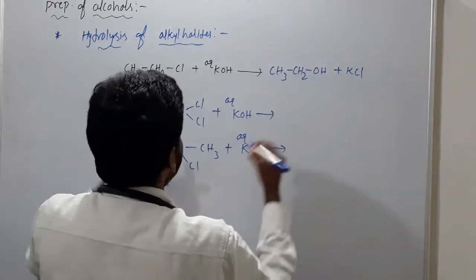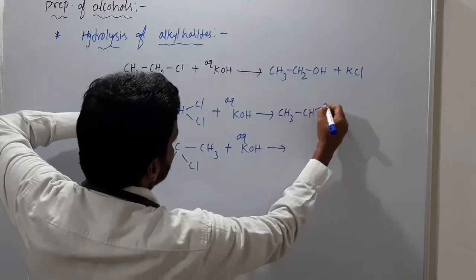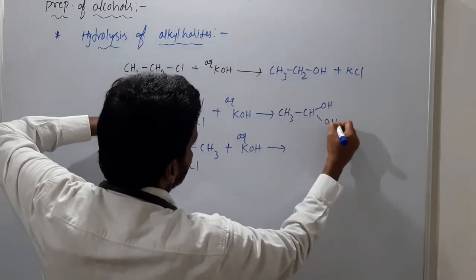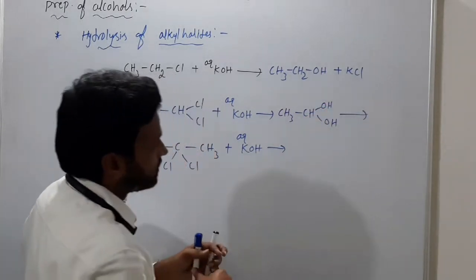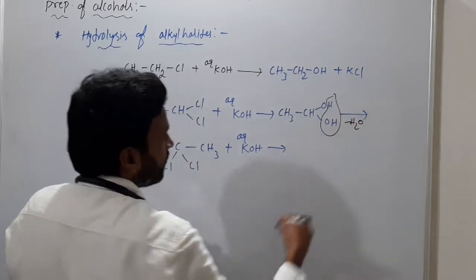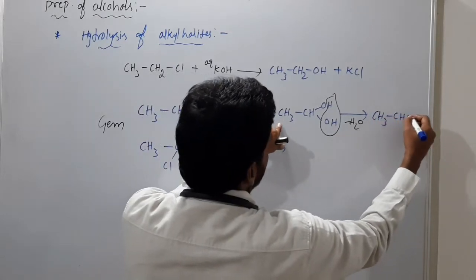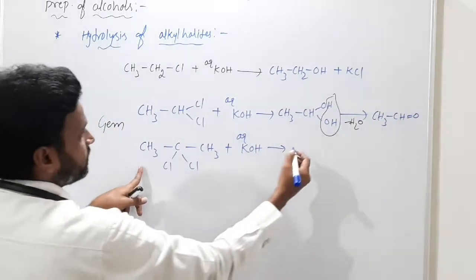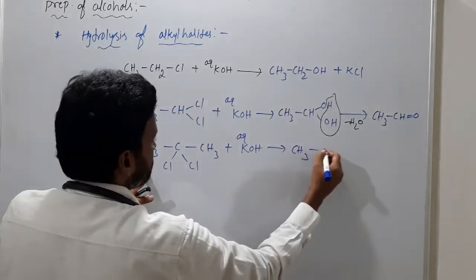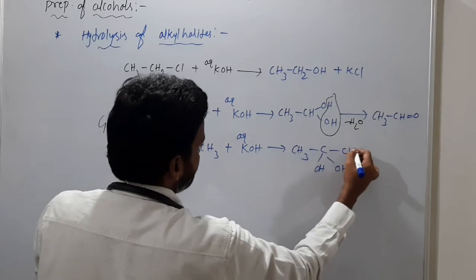The product is CH3CH with OH and OH, and finally this diol loses a water molecule, minus H2O, and the final product is CH3CH double bond O. Whereas here, first a diol only, like CH3C(OH)2CH3.